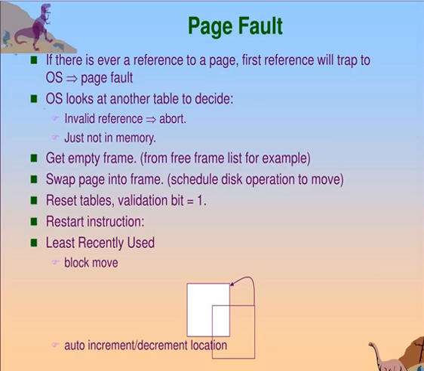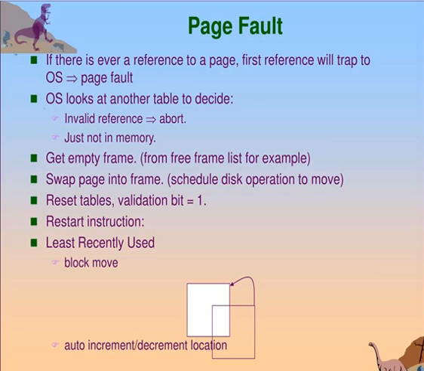We check an internal table, usually kept with the process control block for this process, to determine whether the reference was a valid or invalid memory access. So we can do pure demand paging based on that: never bring a page into memory until it is required. In the extreme case, we could start executing a process with no pages in memory initially.